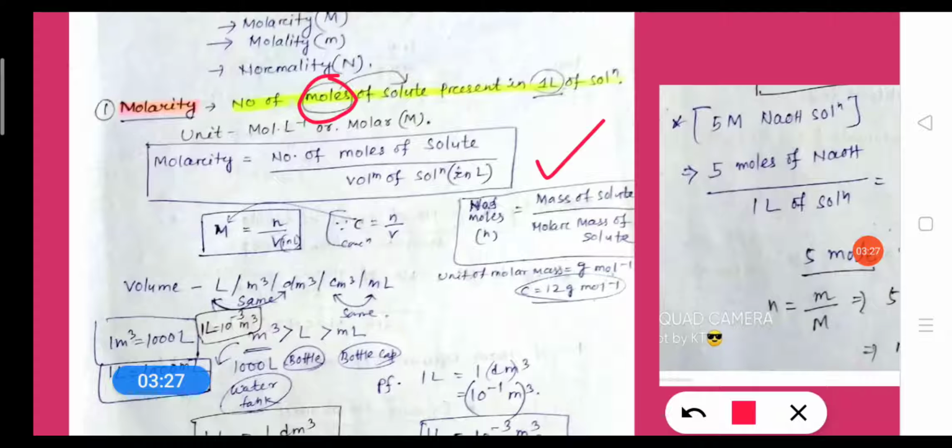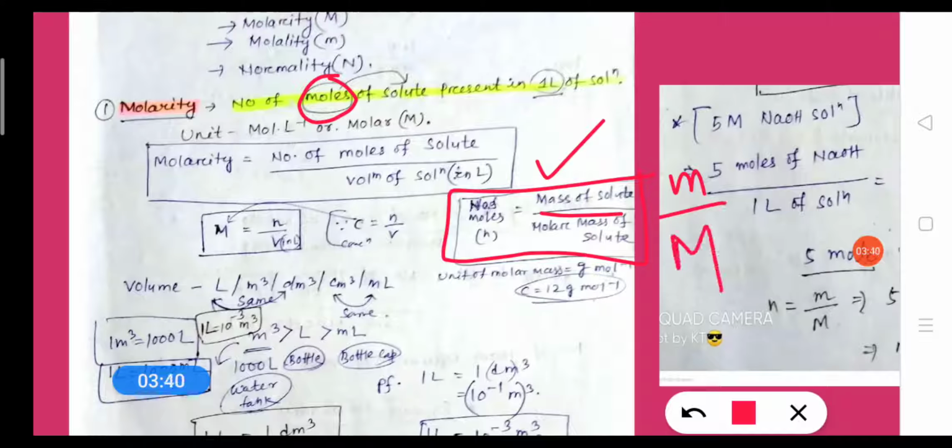Number of moles is equal to mass of the solute divided by molar mass of the solute. This is the formula: n is equal to small m by capital M, mass of the solute divided by molar mass of the solute. Then what is the unit of molar mass?